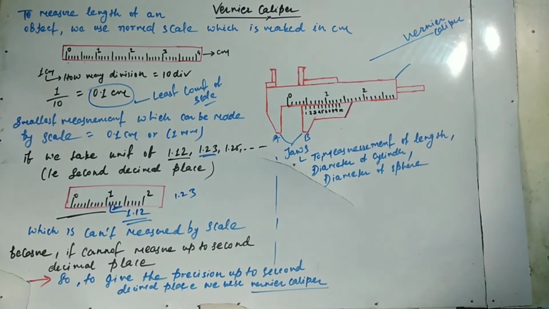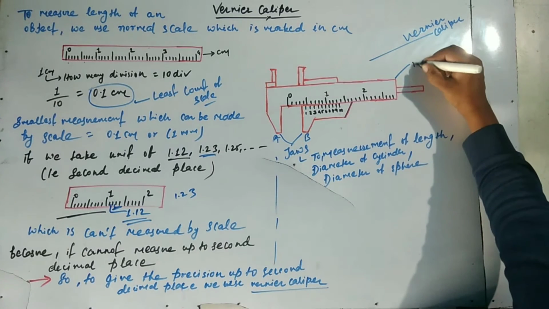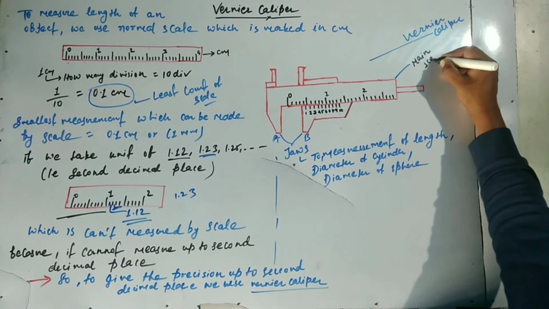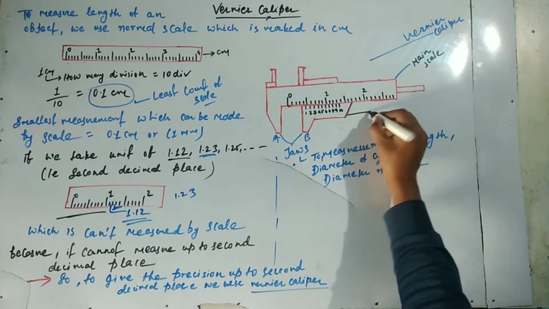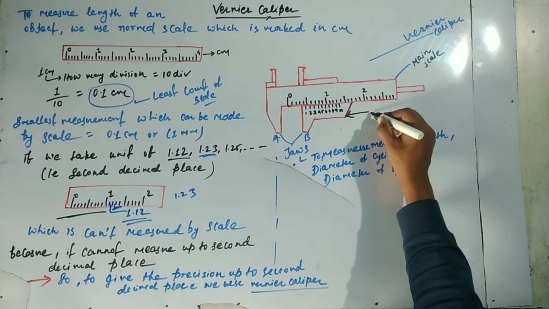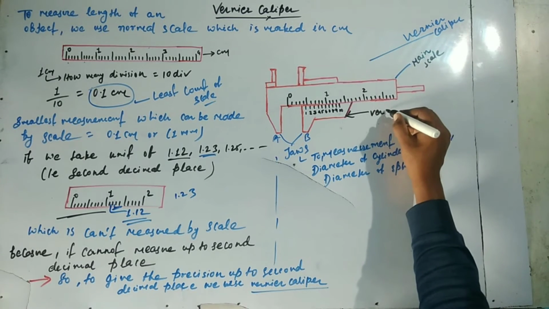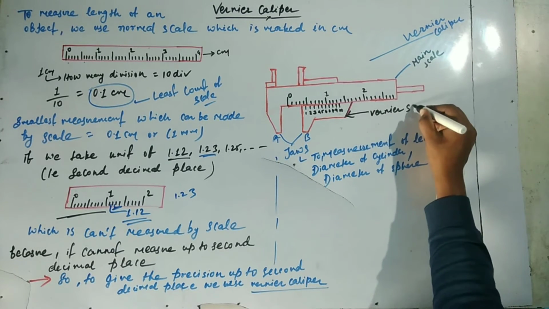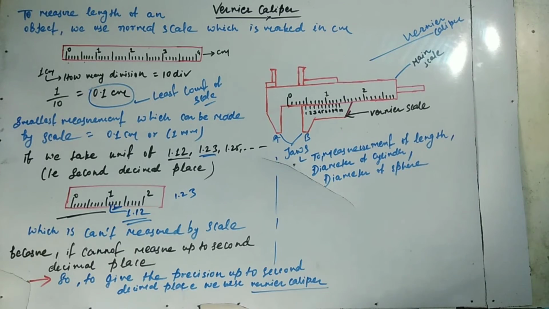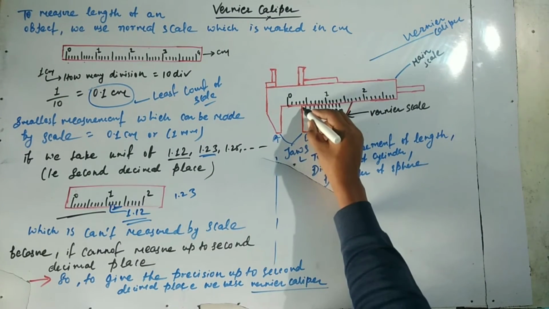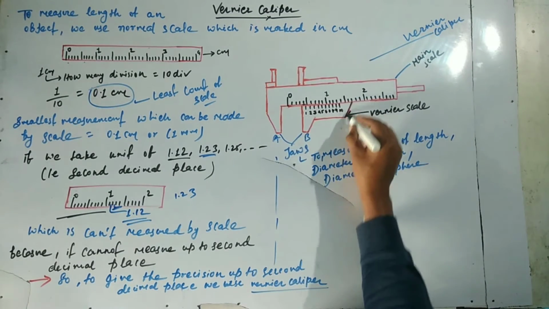In the Vernier caliper, two scales are there. One is the main scale and this one is the Vernier scale, which is used to measure second decimal places of any unit.